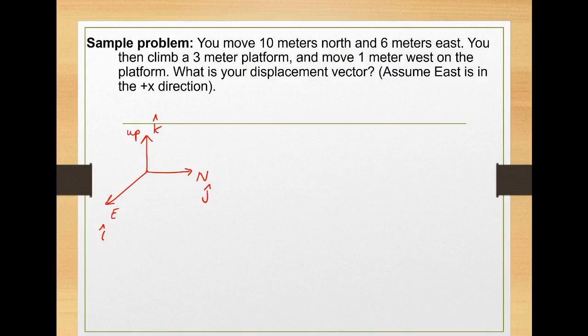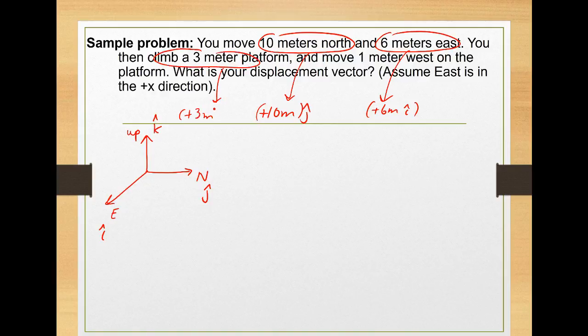And then if we translate these displacements, 10 meters north would basically be 10 meters j hat, in the positive j hat direction. 6 meters east would be plus 6 meters i hat. Then climbing a 3-meter platform would basically be plus 3 meters k hat, so in the z direction.